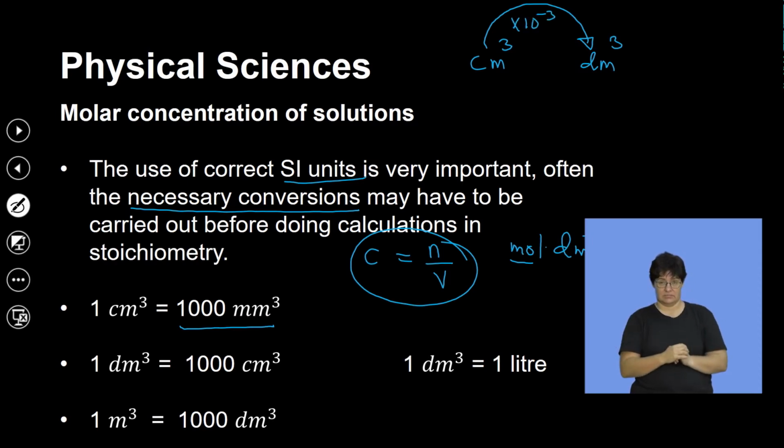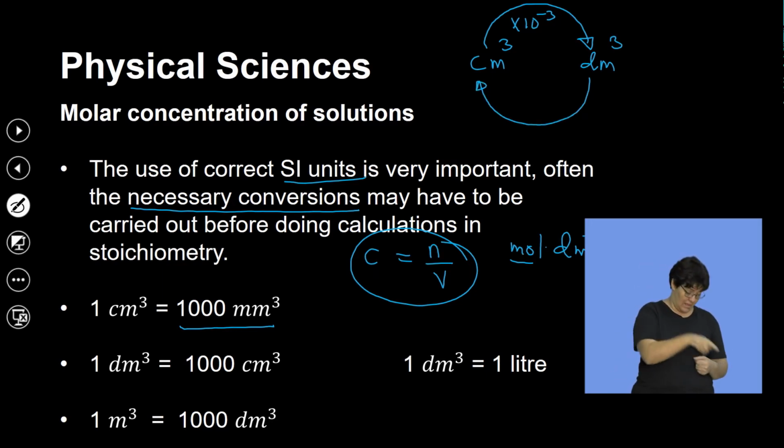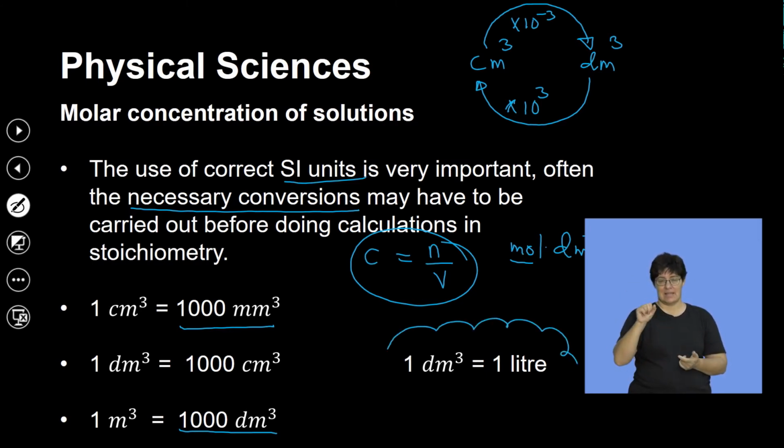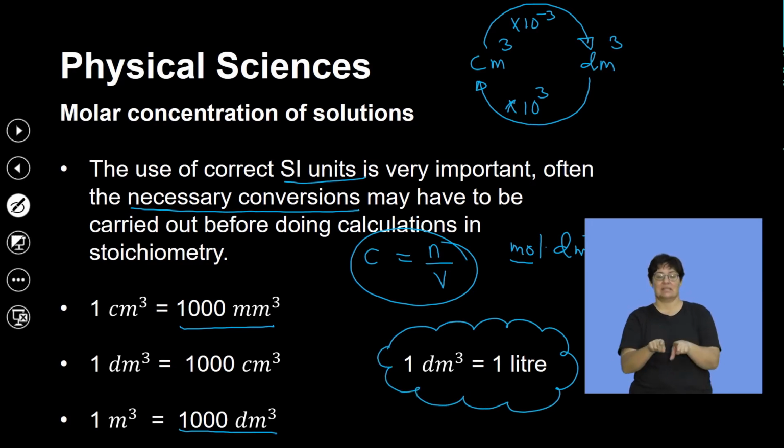And if we want to move from cubic decimeters back to cubic centimeters, we multiply by 1,000, which is 10 exponent 3. These are some of the practical examples. We may also have cubic meters. A cubic meter has 1,000 cubic decimeters. And the most important practical one is the liter. We need to remind ourselves that a cubic decimeter is the same as a liter.